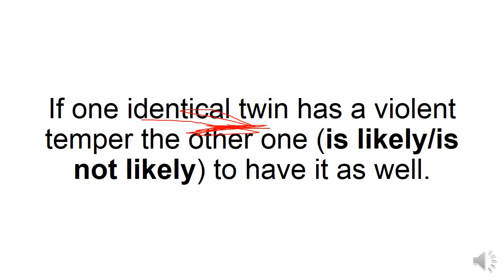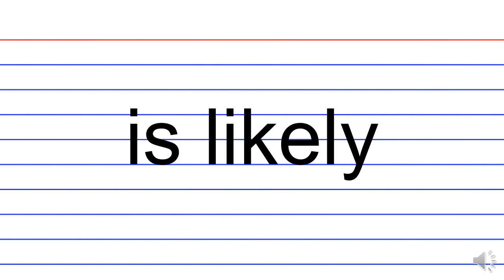Twin studies do come up quite often in the MCAT, so it's something to keep in the back of your mind. So if they're identical, the answer is likely. The other twin is likely to have a bad temper as well. Okay.